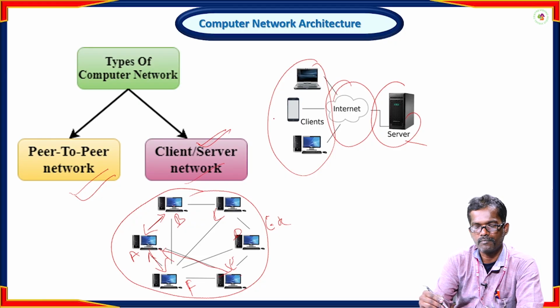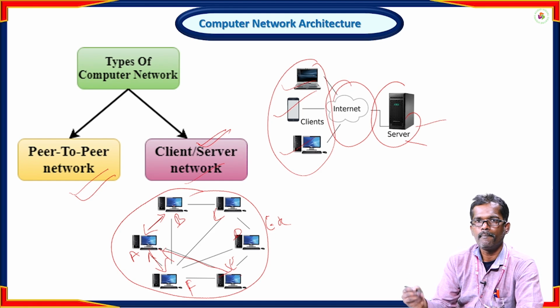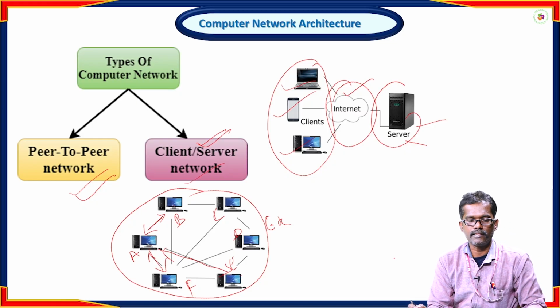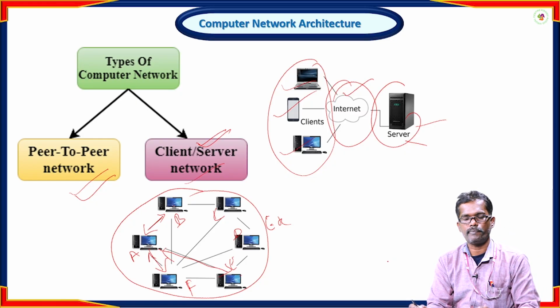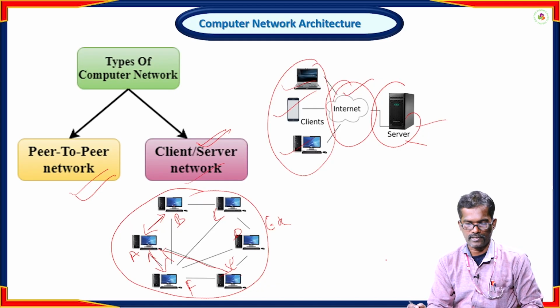Clients are mobile phones, laptops, or desktops, and the server is on the other side. It may be a Google server or Yahoo server or any other private server. If you want to access that server, we need the internet as a mediator. This is regarding the types of computer network, P2P network and client-server networking model.